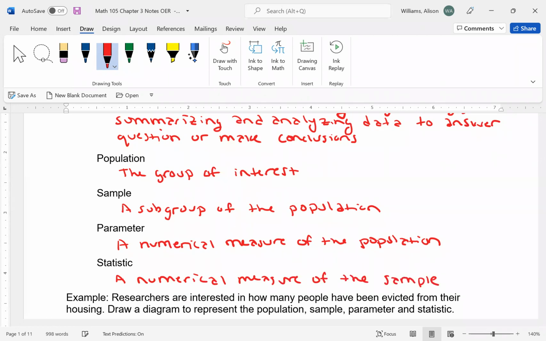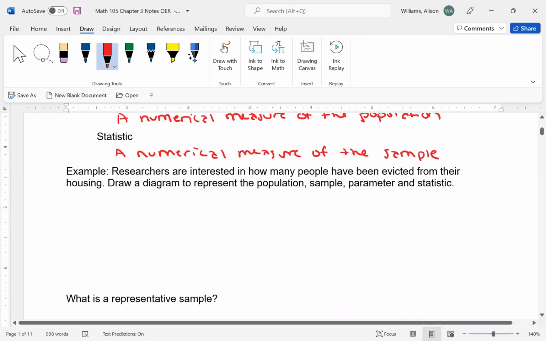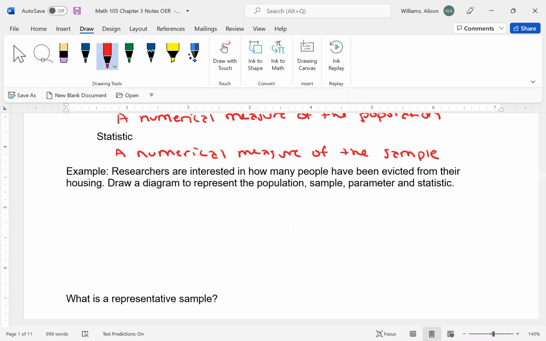Okay, so let's look at an example. It kind of uses a little bit of this vocabulary. Researchers are interested in how many people have been evicted from their housing. Draw a diagram of this. And in this diagram, we want to identify population, sample, and then what parameter and statistic would be. Okay, so since we're talking about people evicted, it probably makes sense to talk about renters.